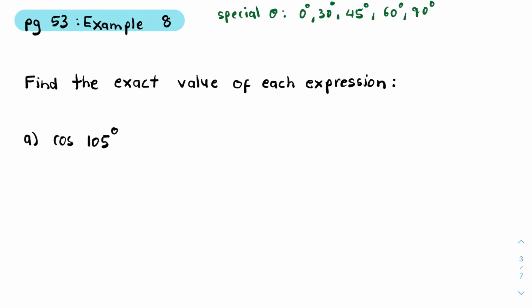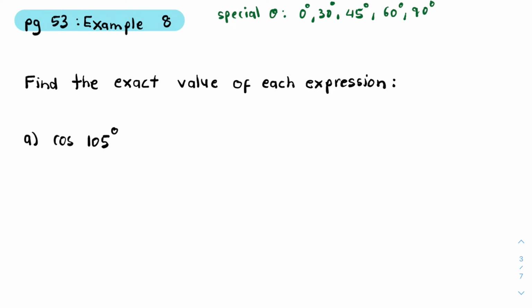So what we can do is apply the rule of addition and subtraction of two angles. What are the two angles from your special angles that can become 105, whether by subtraction or addition?